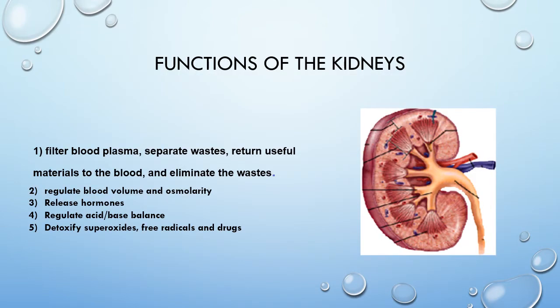So let's talk about the functions of the kidney. Kidneys are going to have several functions. The first function is to filter plasma as it becomes filtrate. Within the kidney itself, the smallest component that makes urine is called a nephron, and we'll talk about it in a little bit.